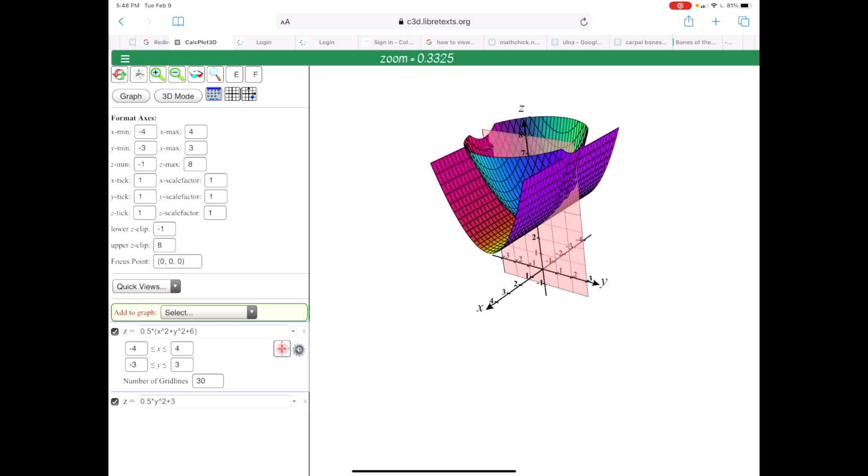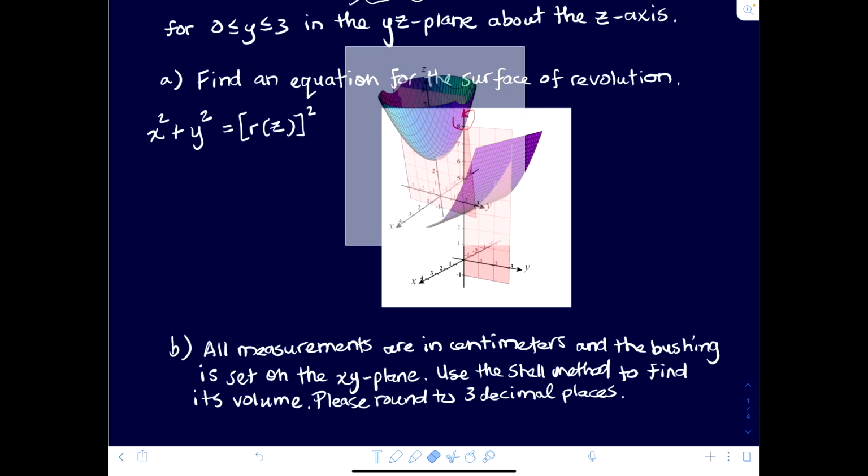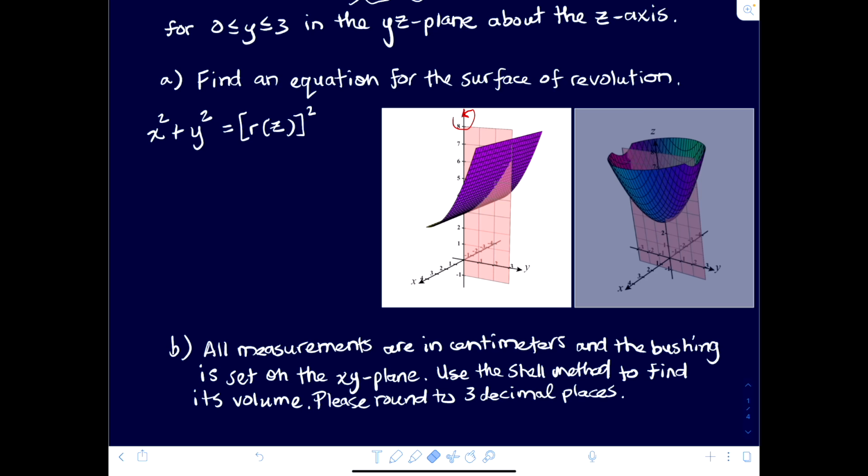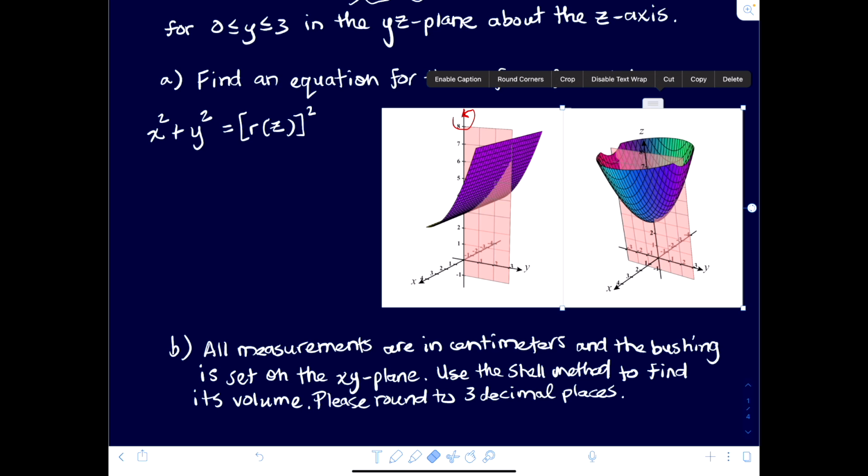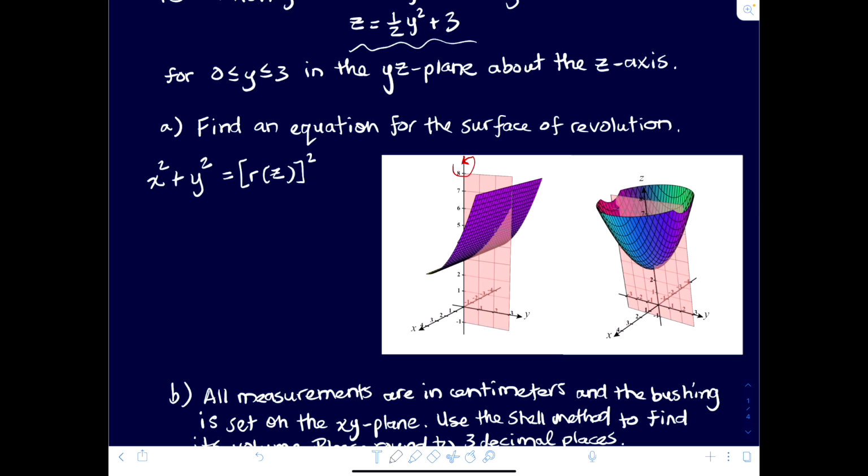So if we take off this picture, this is our solid right here. Our ending picture will be the second one here. That's after revolving. Well, what is R of Z going to be? R of Z basically means Y equals, because we're in the YZ plane. So R at Z would equal Y.